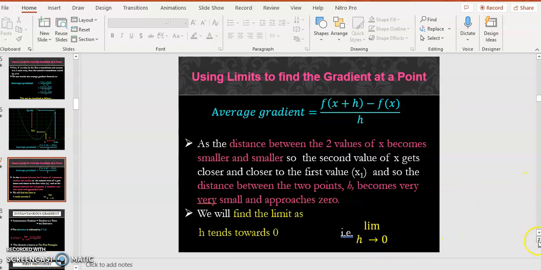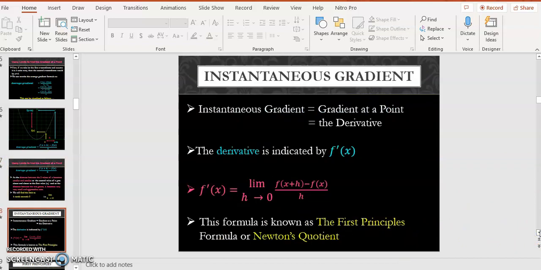The average gradient will change. Call it instantaneous gradient, or gradient at a point. Another term is what? Derivative. So when h approaches 0, that is when the distance approaches 0, or the limit as h approaches 0, we find the derivative. The name changes from average gradient to what? Instantaneous gradient. We don't normally use this.